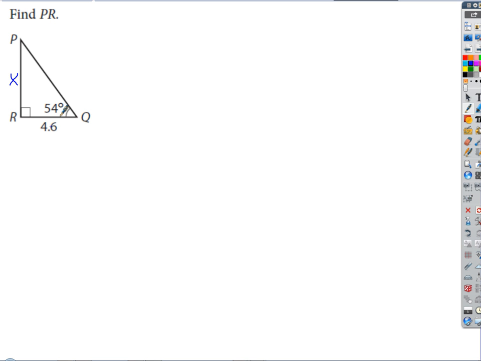From the perspective of 54, this is what? Opposite and adjacent. And so then we would say, okay, out of SOHCAHTOA, tangent is the one, TOA is the one that involves opposite and adjacent. And so we'll just write the tangent relationship. So what's that going to be? Tangent of 54 is equal to what ratio?